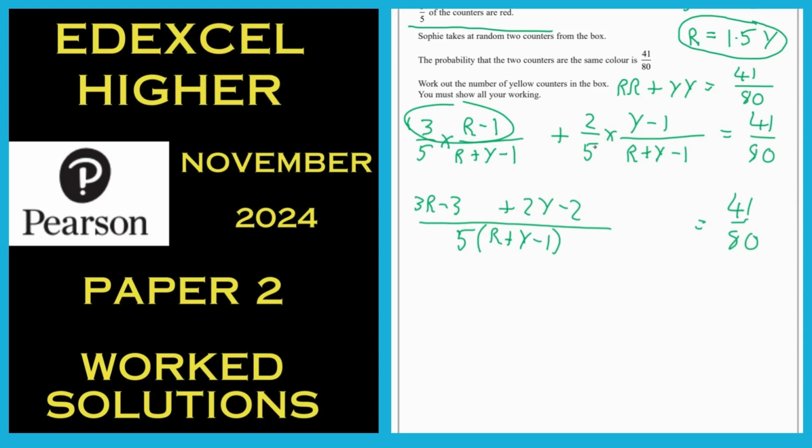So 80 times 3R, 80 times 2y, minus 3 minus 2 is minus 5 times by 80. And to multiply both sides by 5 and these brackets, let's not expand the brackets just yet. Let's just take it up here. 41 times 5 is 205.